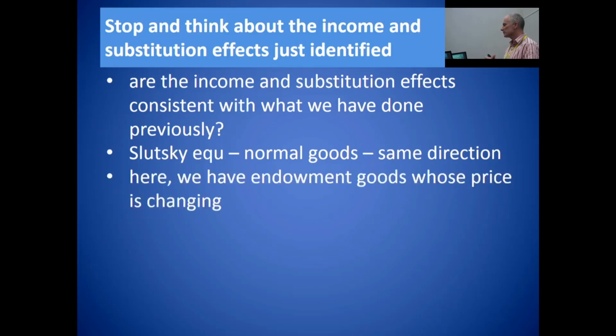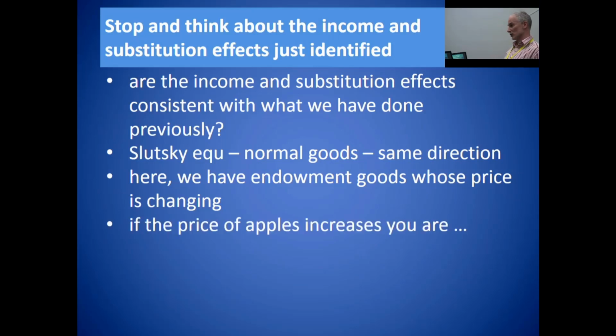So obviously something's not quite right. And what isn't quite right is the fact that what we're talking about here, what is new in this last part of the lecture, is an endowment good. And the Slutsky equation that I gave you previously does not apply to endowment goods.